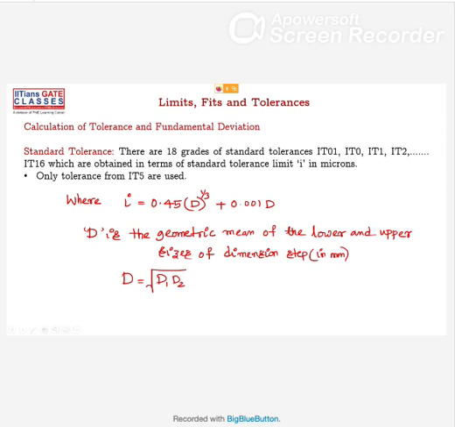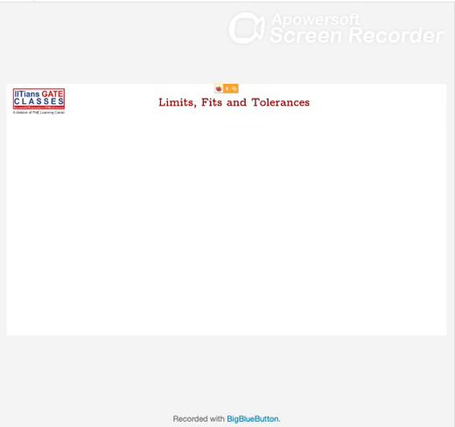Okay, fine. So what are the grades and what are the standard tolerances? What I told is that from IT5 only we are going to discuss. This is the grade of manufacture on the left hand side.